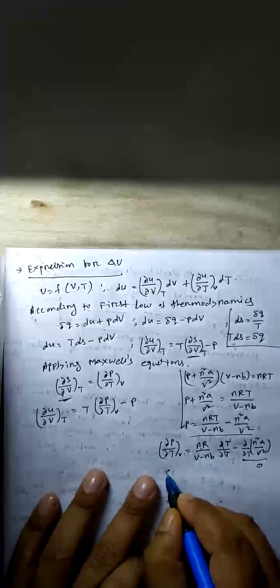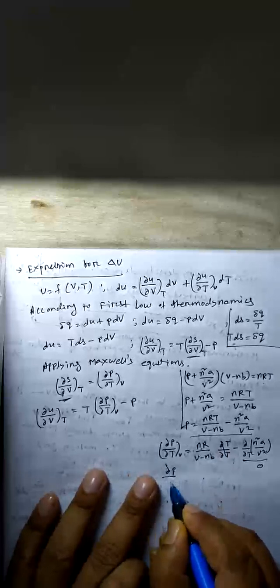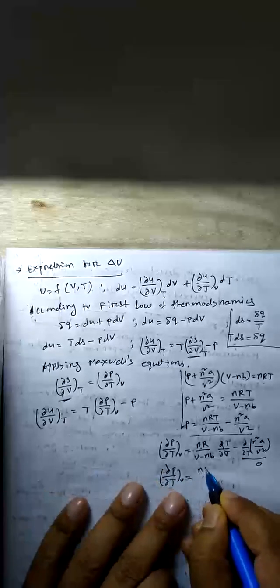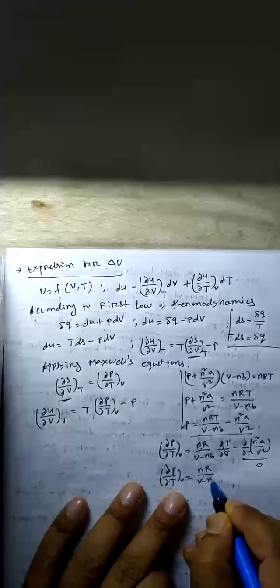So my ∂P/∂T at constant volume is equal to nR divided by V minus nb.